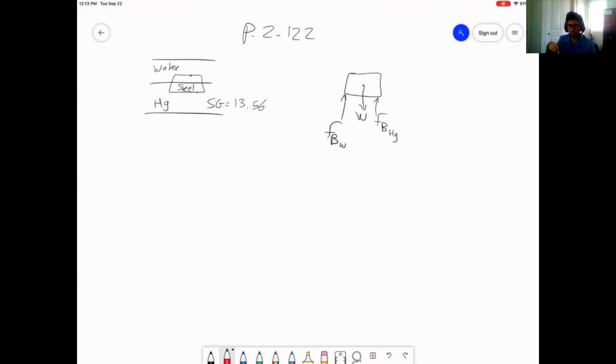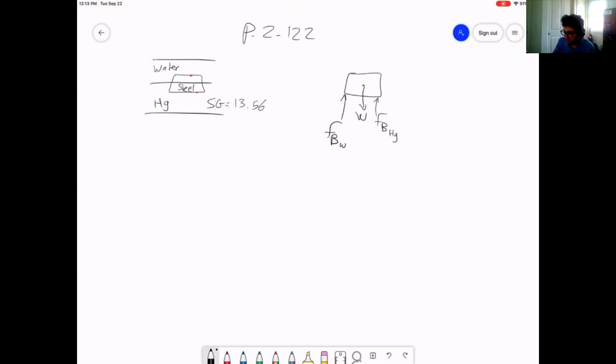So the net force will be the buoyant force. I see, that makes sense. Yeah, this is where it gets confusing. But once you deal with buoyant forces, just don't include any pressures and hydrostatic forces, because buoyant force is the net force.